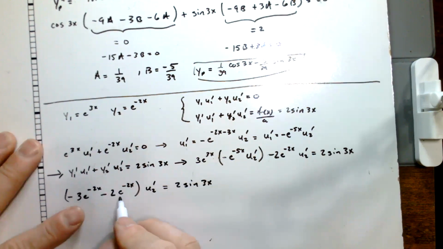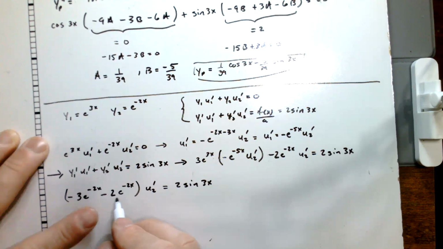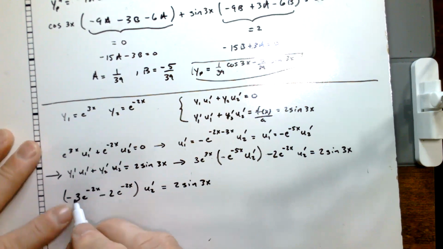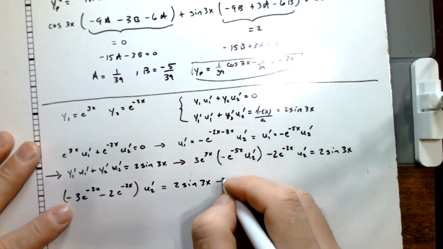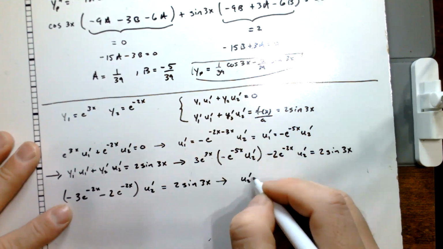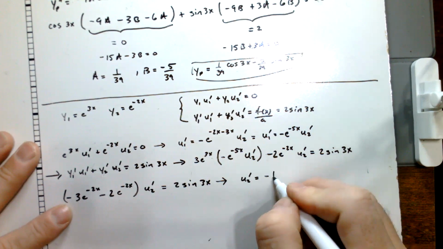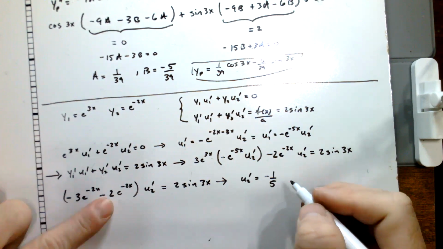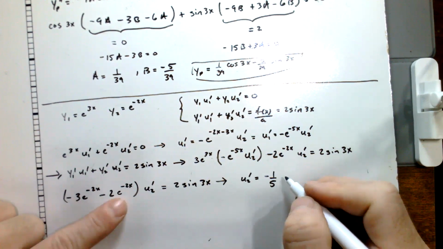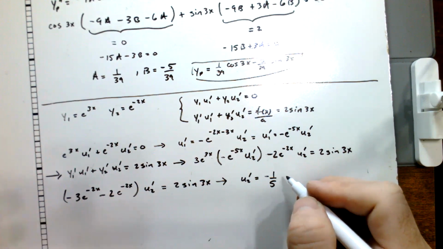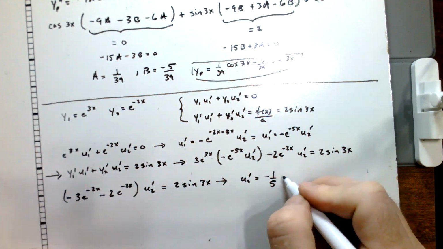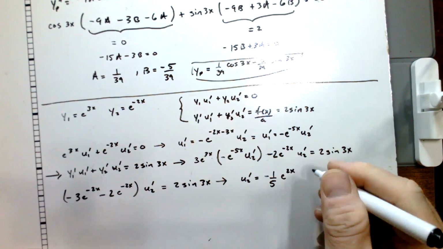And so notice that these are like terms, so I can put them together. This is going to be a negative 5. And so I have u2 prime is equal to negative 1/5, the 5 coming from here. When I divide by e to the negative 2x, the negative exponent comes upstairs, and this becomes e to the positive 2x.